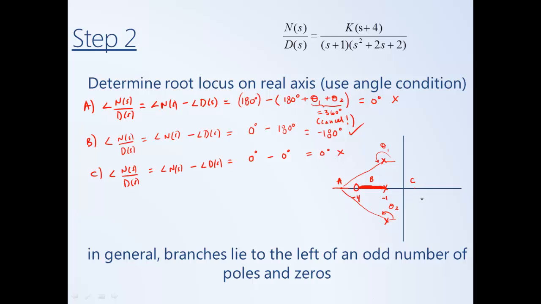And region C is to the left of no poles or zeros, so it's to the left of 0 elements, and 0 is an even number, so again we have no root locus in this region. And so this is a nice little shortcut if you don't want to go through applying the angle condition for every region.